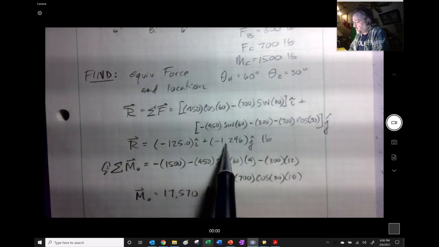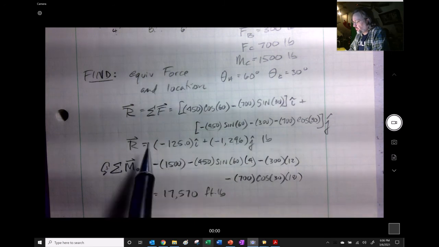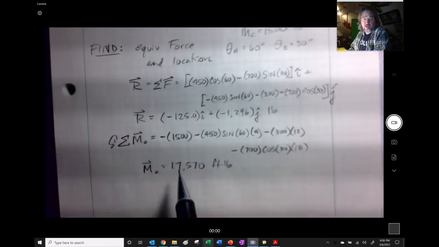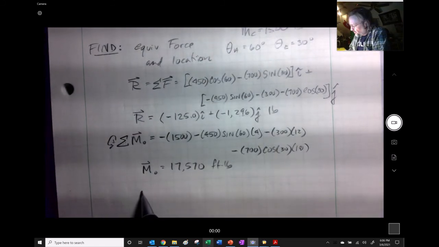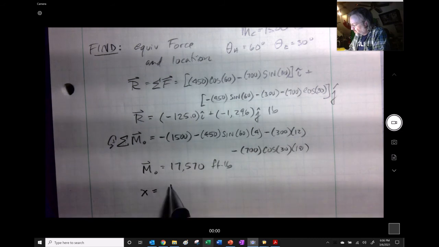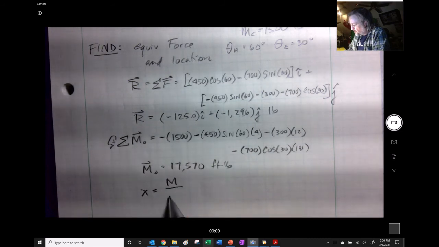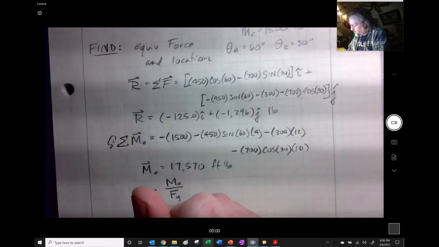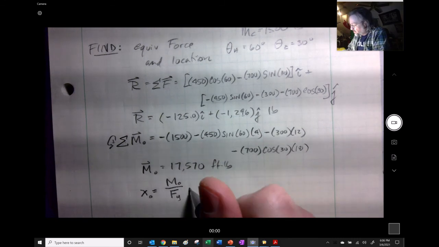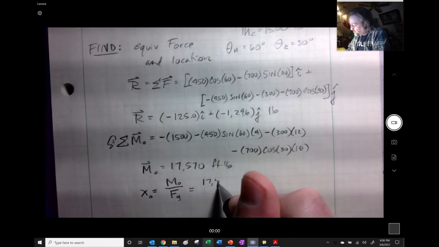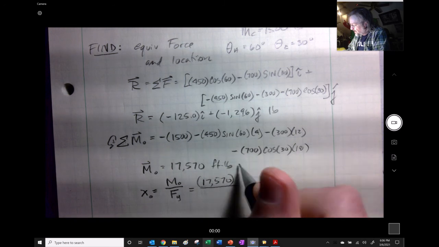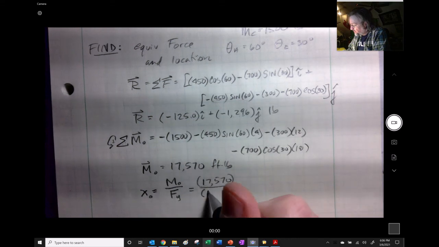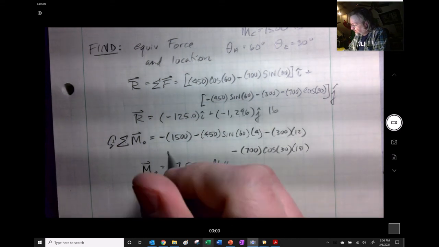And now what we want to do is find the location where this would need to be placed. But it's only this X location that we really care about. I don't think there's any slick way of writing this out, much less than just the X here. Is this going to be the M divided by the F? It's the F in the Y direction. So this is going to be the distance from O that we're going to get. 17,570 divided only by the Y component right here, and by the way, it's going to be negative.